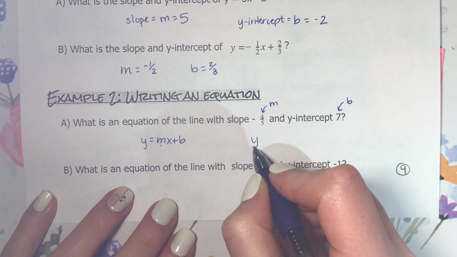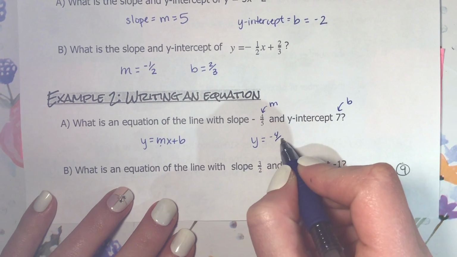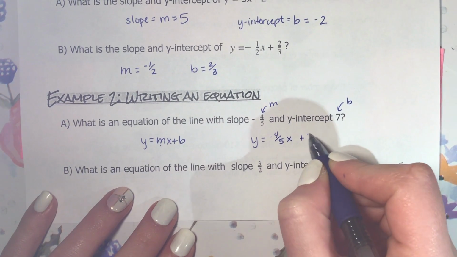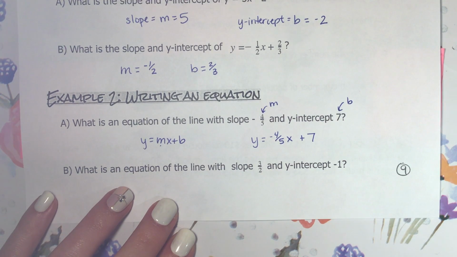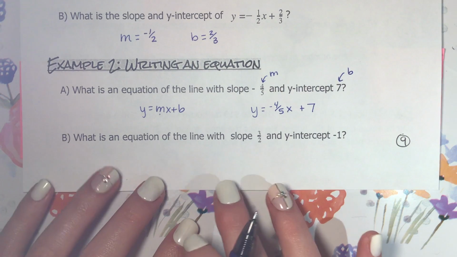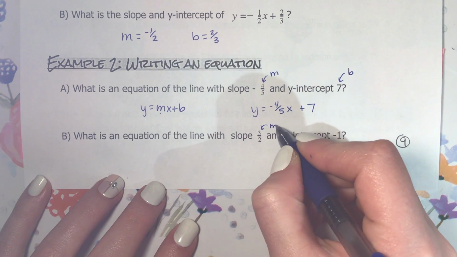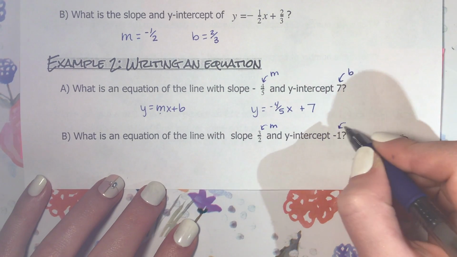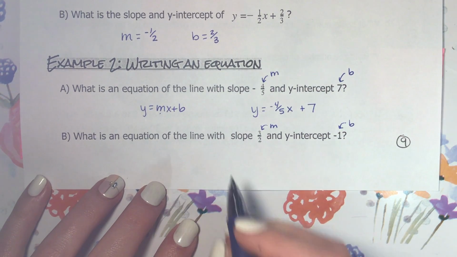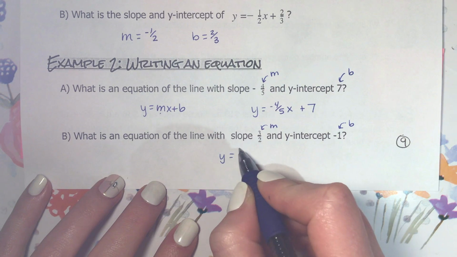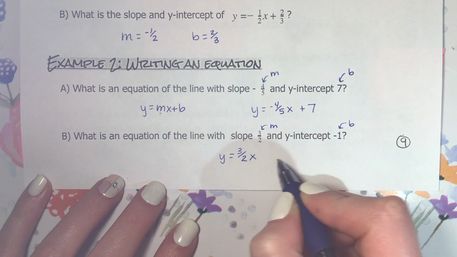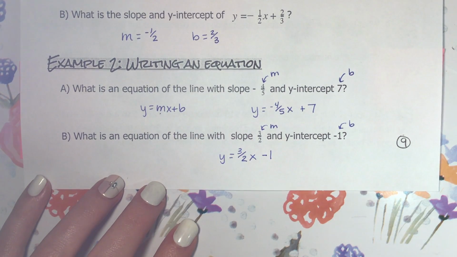So now it's going to look like y equals negative 4/5 x plus 7. Next it says, what is an equation of the line with slope 3/2, that's m, and y-intercept negative 1, that's b. So now I'm going to have y equals 3/2 x minus 1.